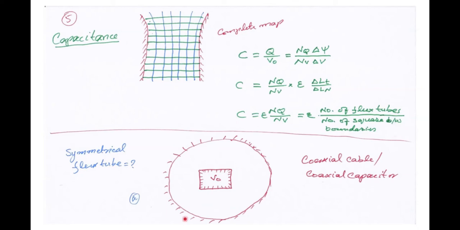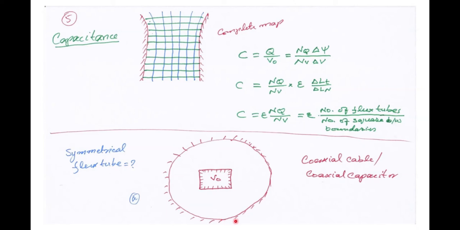So let us consider a structure, a coaxial cable or coaxial capacitor, such that the inner conductor of this coaxial capacitor is in square form that has high potential. The outer conductor in this case is in cylindrical form, which we have represented by a circle, and the outer conductor is connected with zero potential.